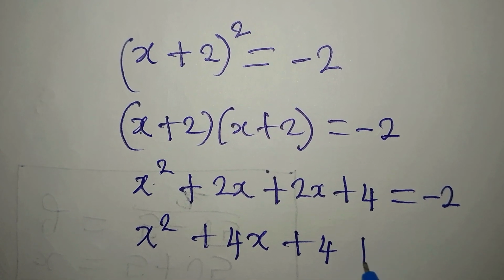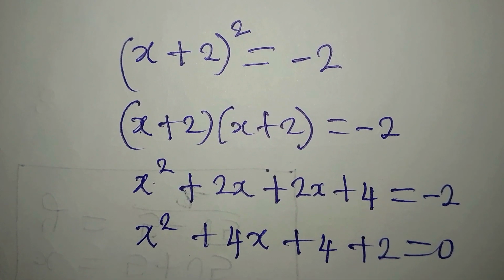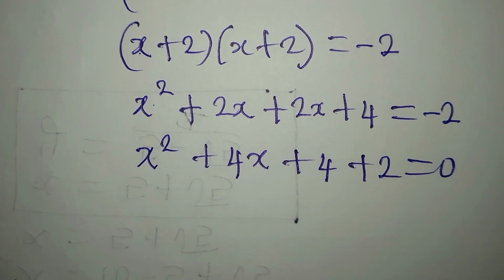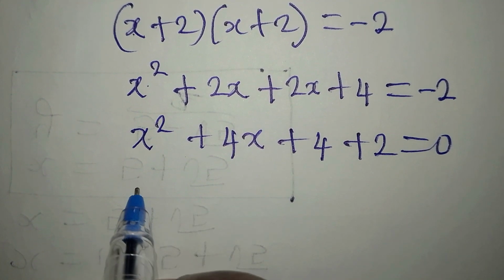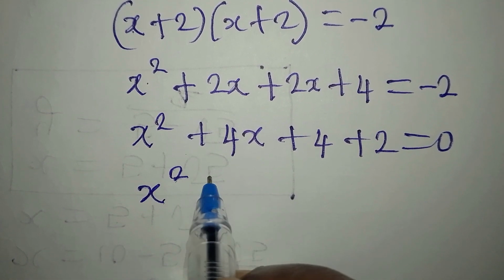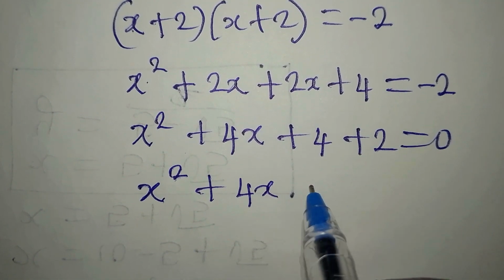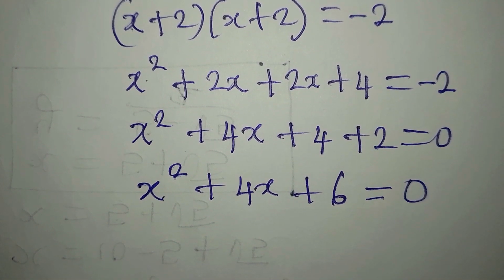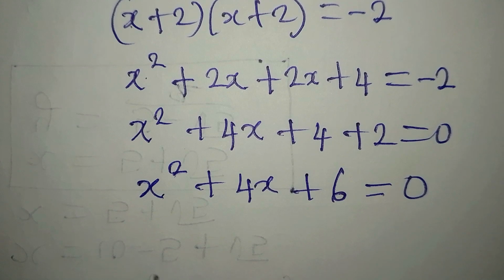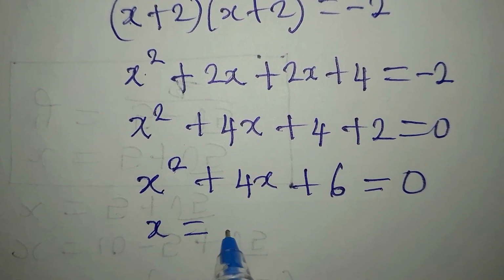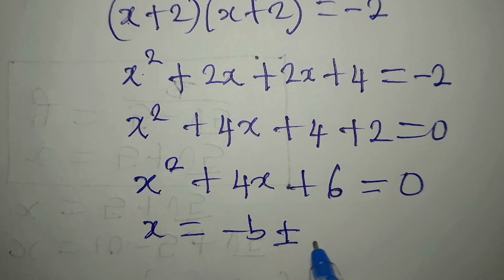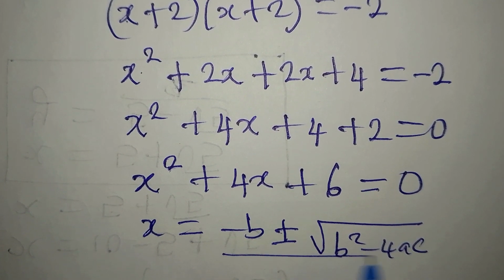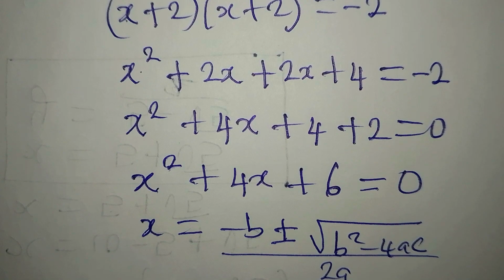This -2 comes over to become plus 2. Then we have 0. From here we have x² + 4x + 6 = 0. This is another quadratic equation. Let's go straight to the formula. -b ± √(b² - 4ac) all over 2a.